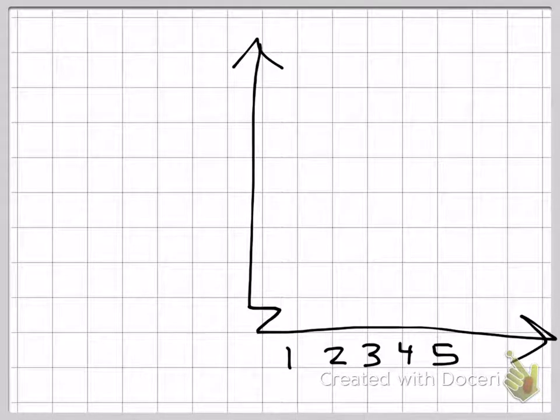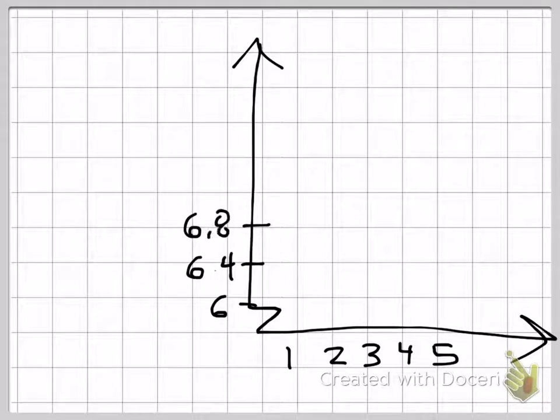So the first term is going to be 6, and then we're going to go up by 0.4. So 6.4, 6.8, 7.2, 7.6, and we'll stop at 8.